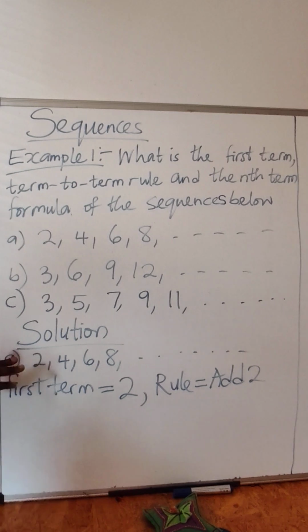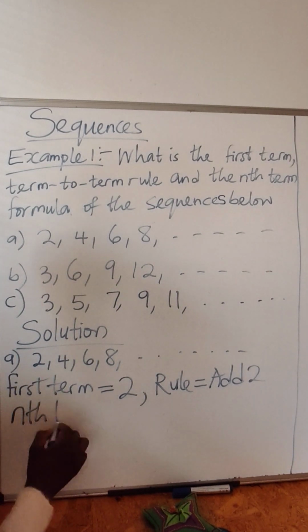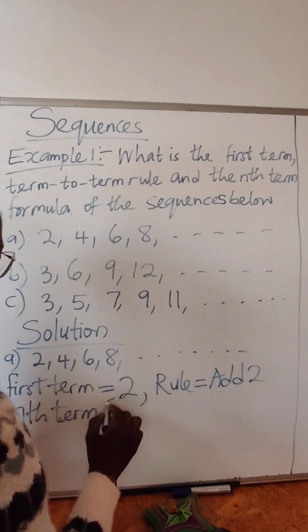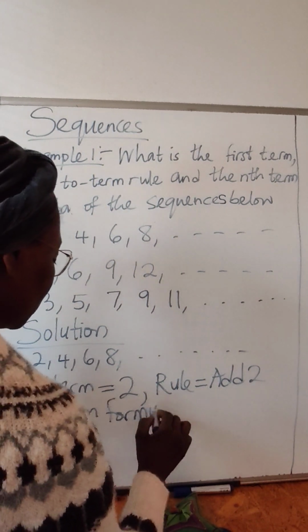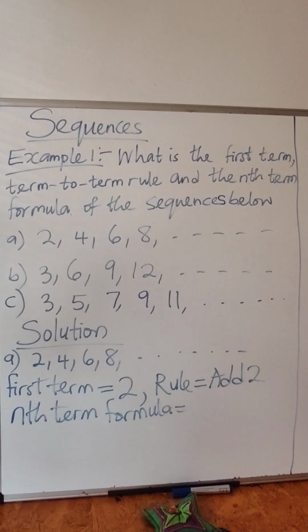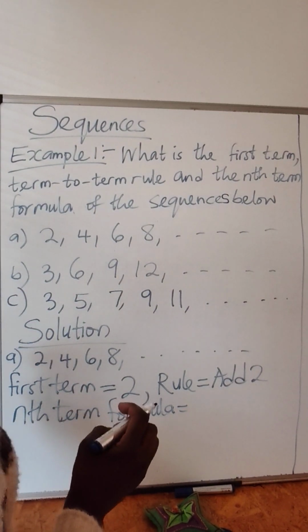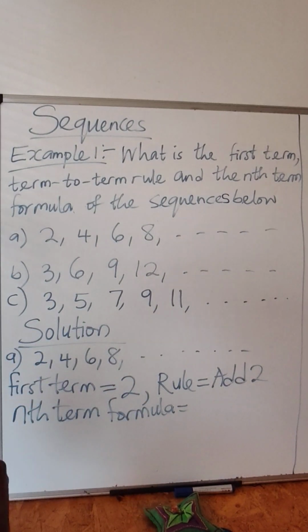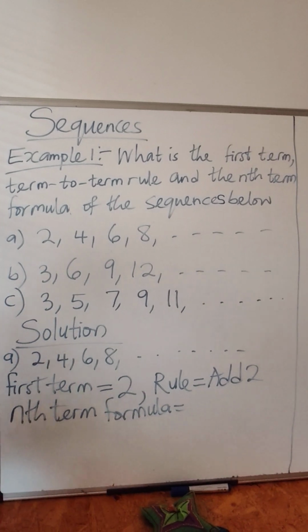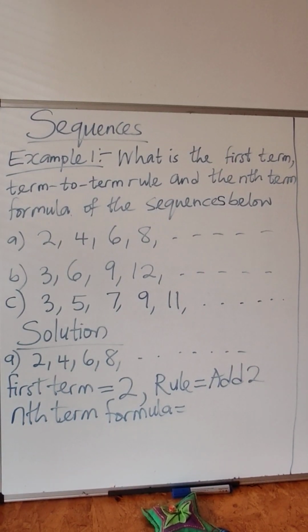And lastly, for the first sequence, the nth term formula can be gotten by looking at the rule and looking at the first term. What is the rule? The rule is add 2.